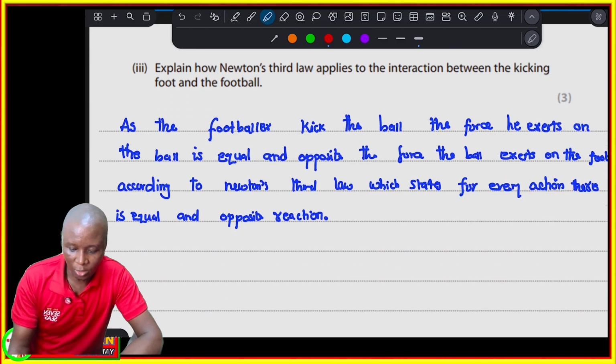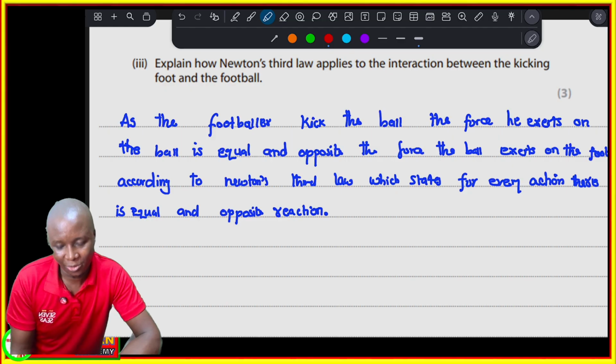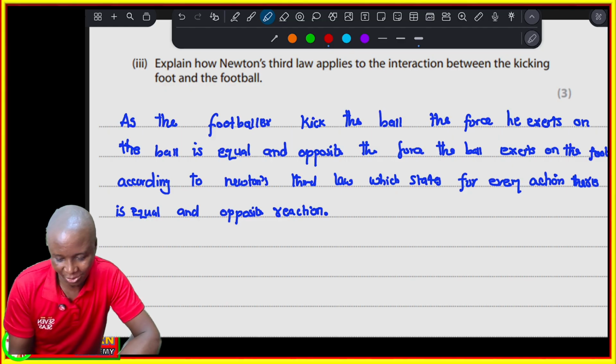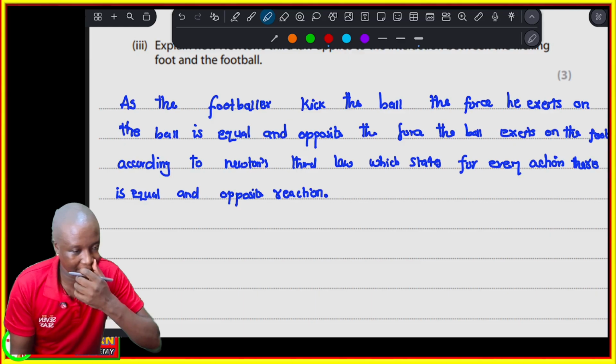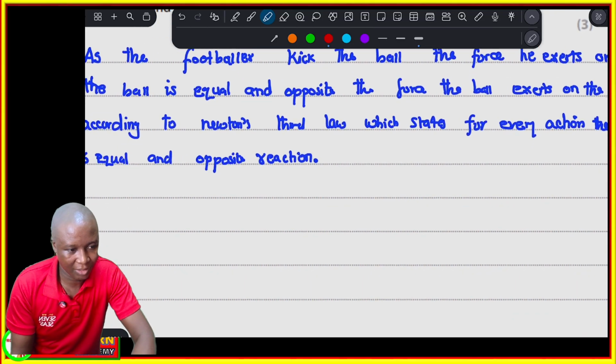So you are to identify that and also remind the examiner how Newton's third law states. And basically that's exactly what I've highlighted at this given point here.